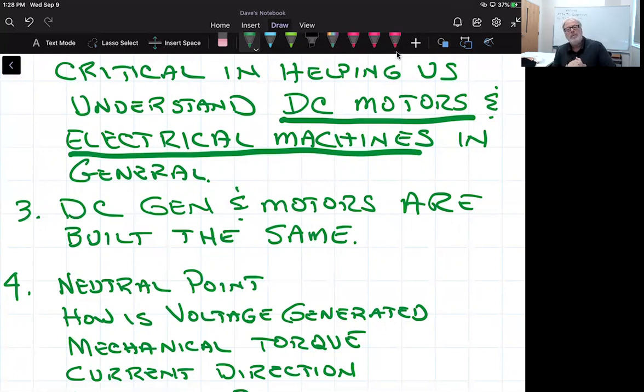If I take that same machine and I supply electrical energy to it, then it will output mechanical energy. Okay? So if I put mechanical in and get electrical out, it's a generator. If I put electrical in and get mechanical out, it's a motor. So, just that very concept in itself is important.